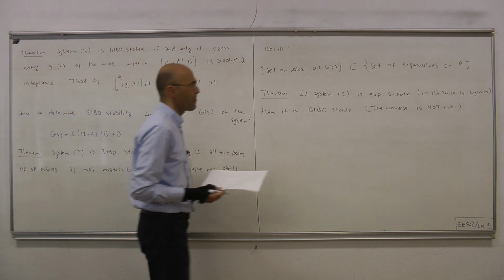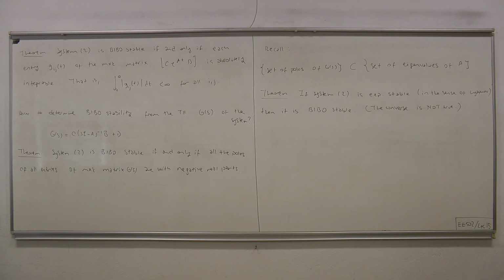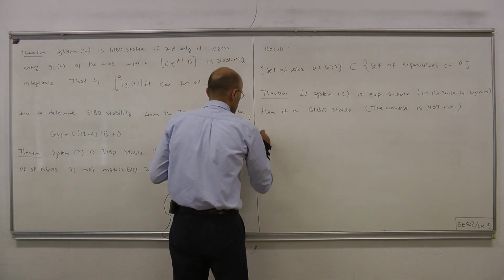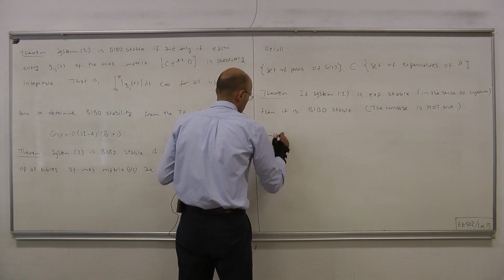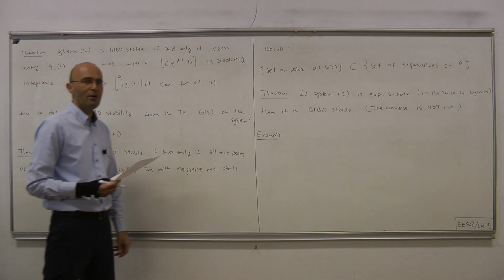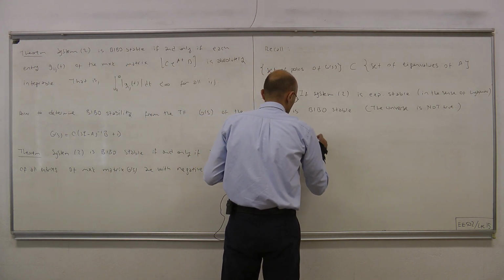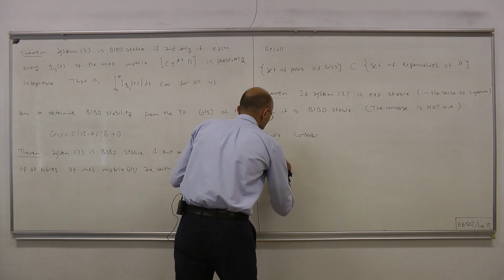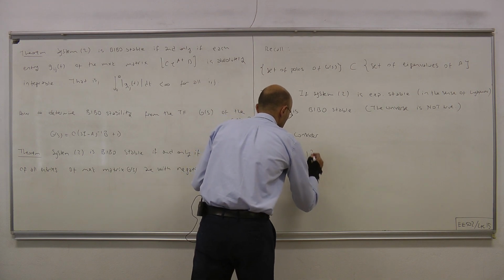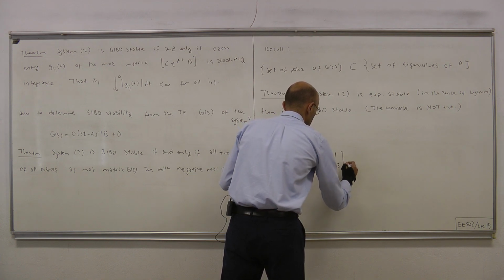Let's see an example that has to do with the last two theorems. Consider the following second order system, which we will study from the bounded input, bounded output stability point of view. Consider x dot equals [0, 1; 6, -1] x plus [1; -3] u.